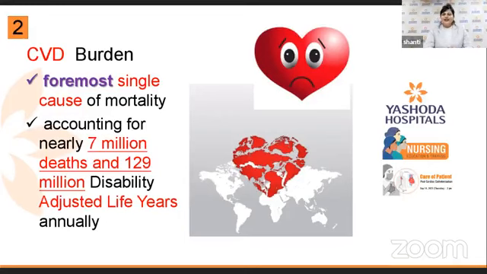The whole idea is, on one hand we have to look at lifestyle modification to reduce the burden, and at the same time focus on the treatment part, which is secondary prevention, where we give patients the best care so that the patient goes out of the hospital in a proper way. There are very small things which are required.